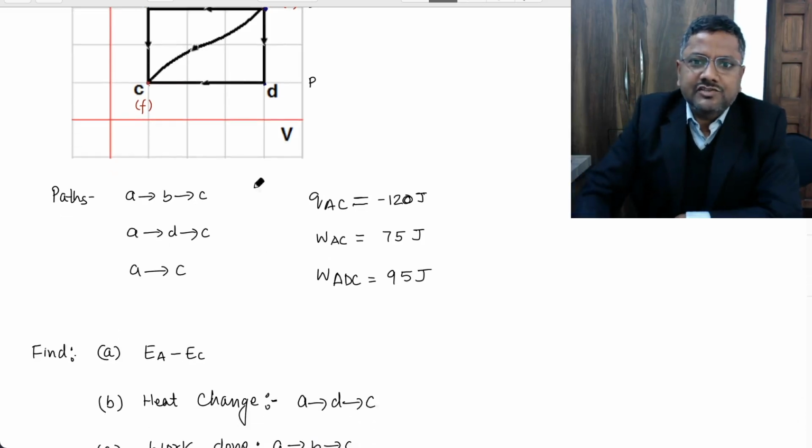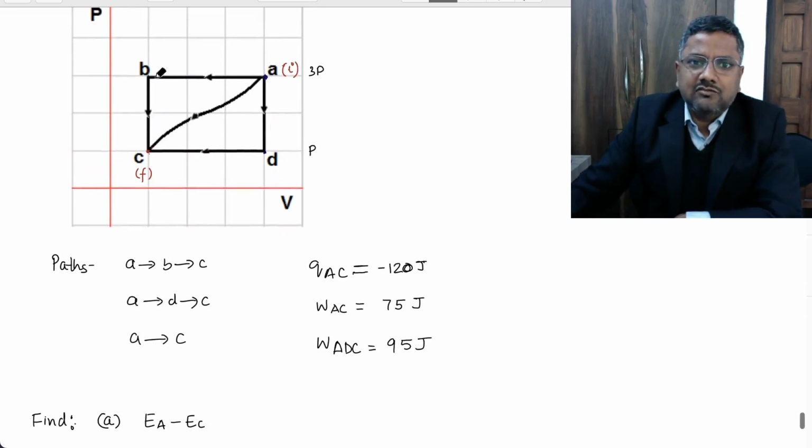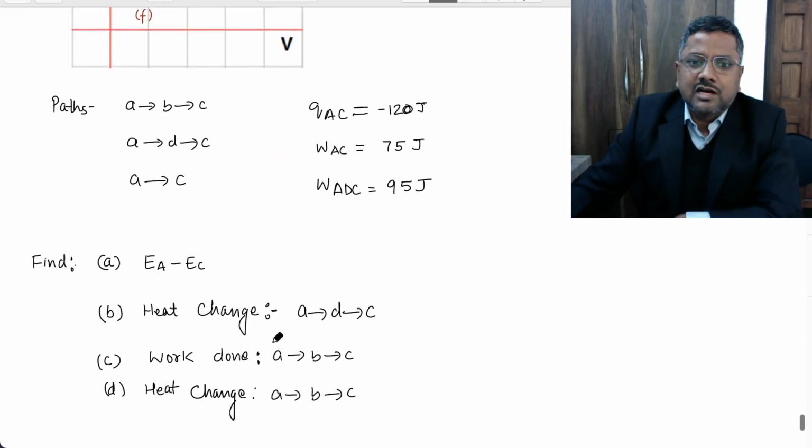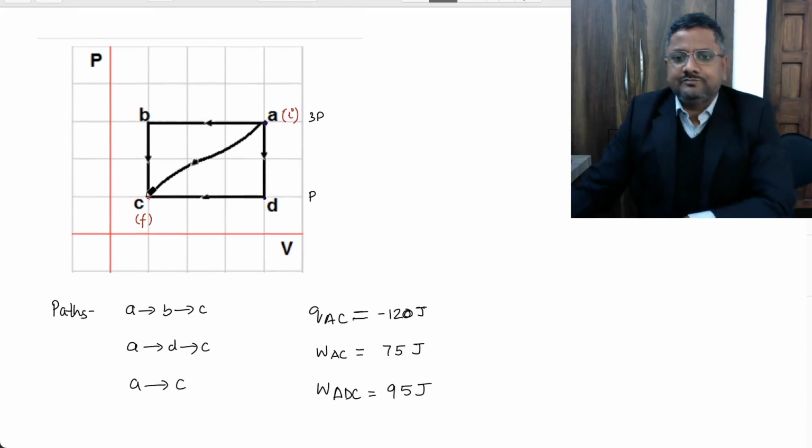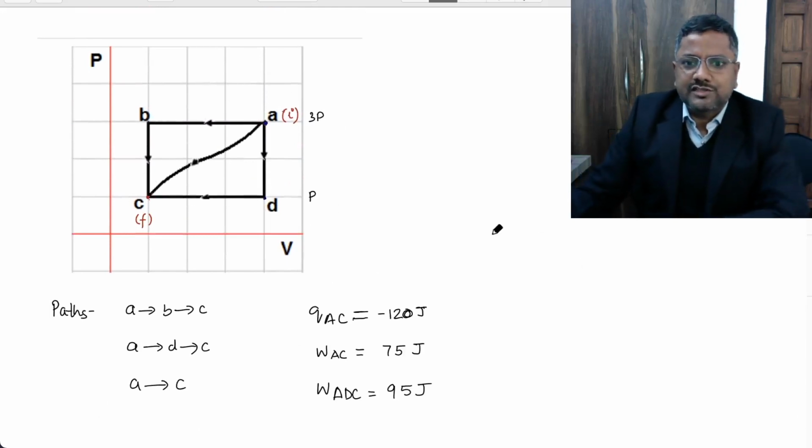After that, the heat change QADC, since WADC you have and QADC they have asked. Work along ABC they have asked, and the heat change along this path, QABC. So see how to proceed with this type of question.